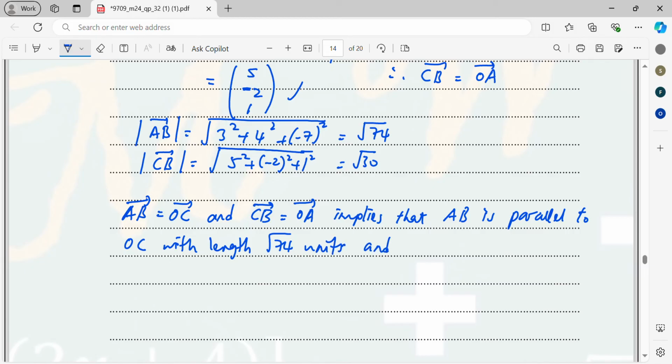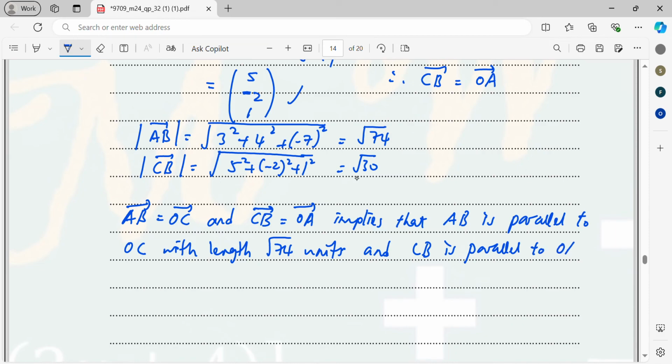And CB is parallel to OA, with length square root 30.